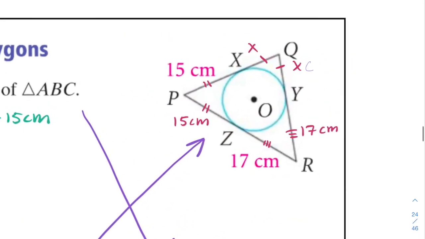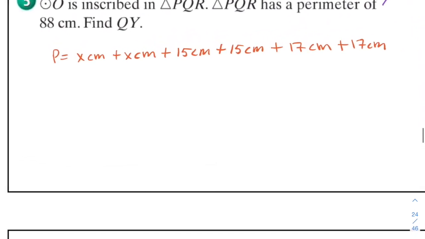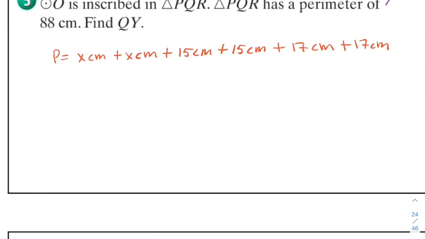I am going to label these centimeters up here. So I already know my perimeter is 88, so I'm going to substitute that in. So 88 centimeters equals 2x plus 64 centimeters.